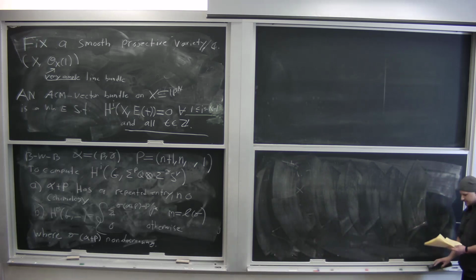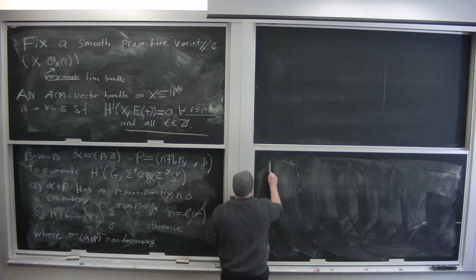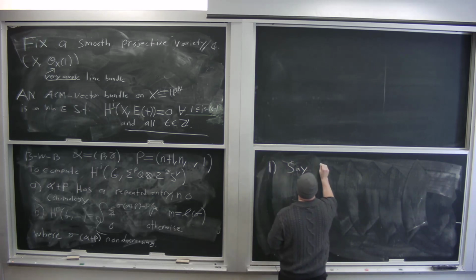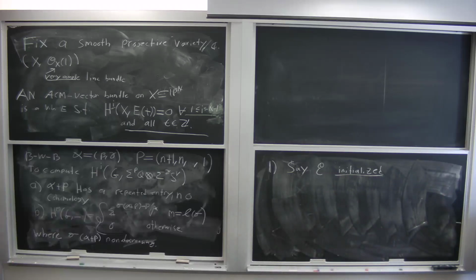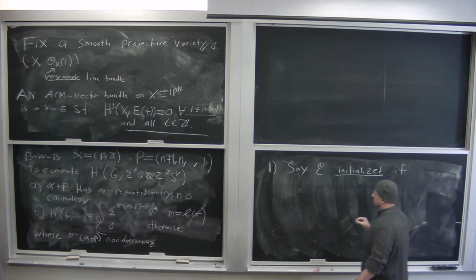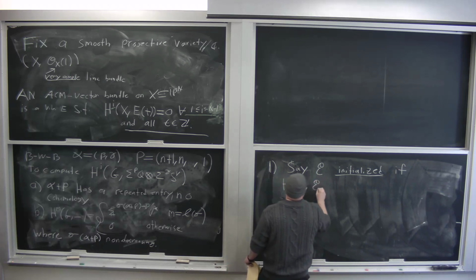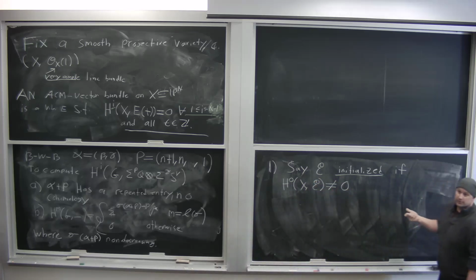So what are the types of things that you do? I'm allowed to do twists. I'm going to say it's initialized if H0 of this is non-zero.